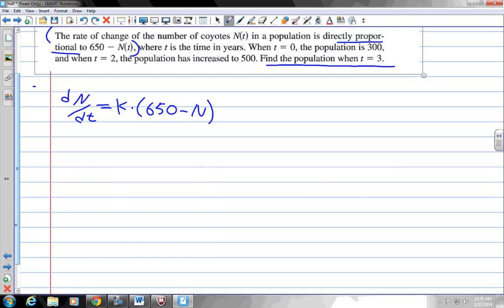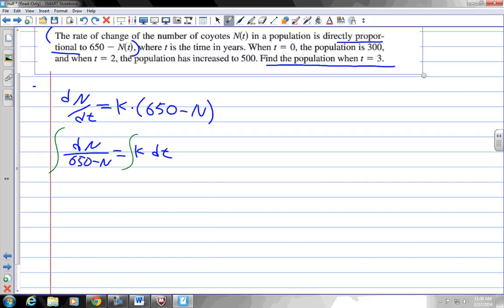K is a constant, so we can do the separation of variables. We can rewrite it as dn over 650 minus n equals k dt. Is that okay? Now we integrate both sides. We're going to get a little natural log on one end.